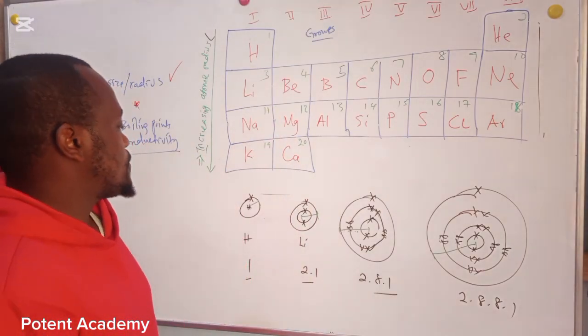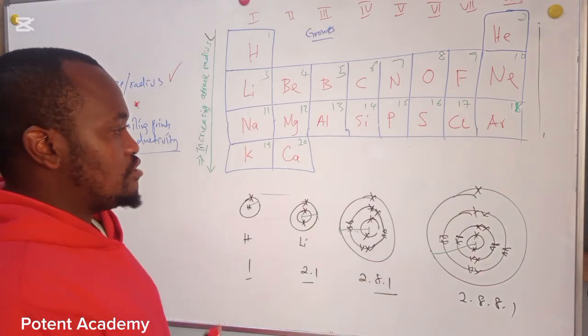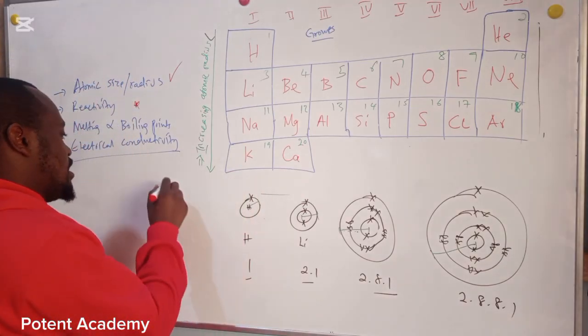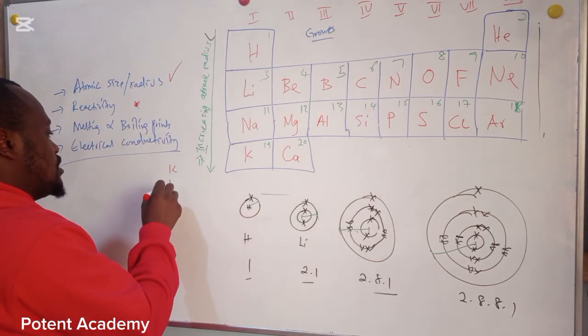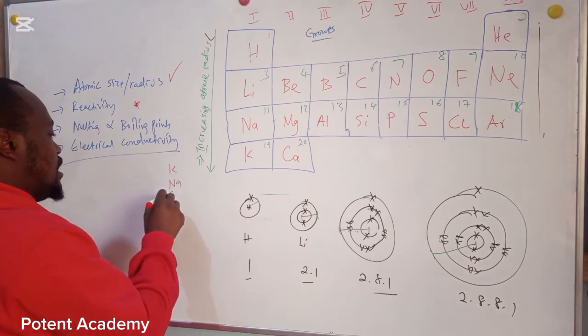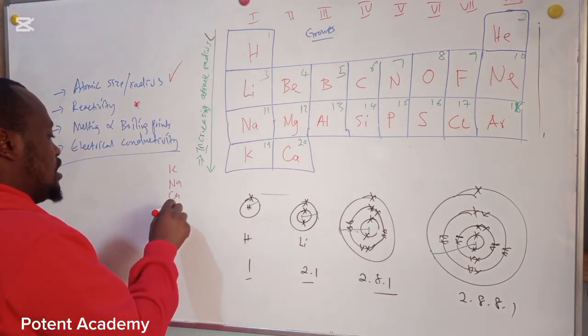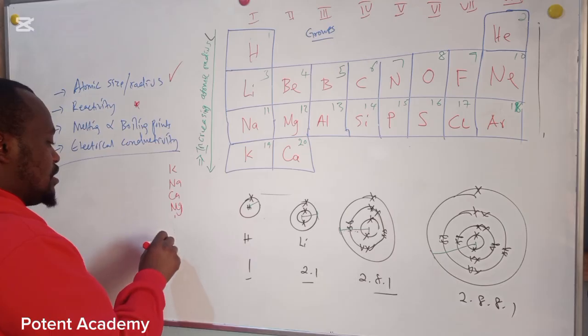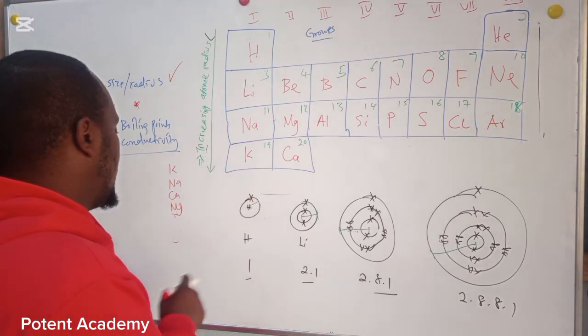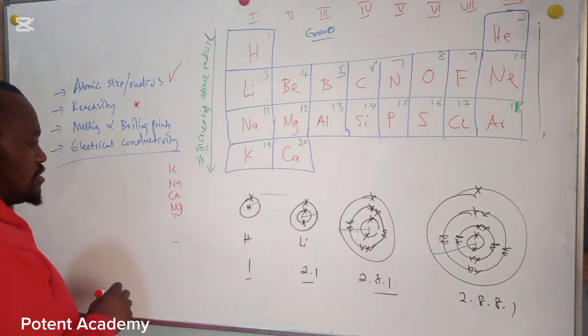How do they compare? Now, in your reactivity series, you must have learned somewhere that the reactivity series starts with potassium, sodium, you have calcium, you have magnesium, and some other elements that are not among the first 20 elements, the kinds of lead and zinc.